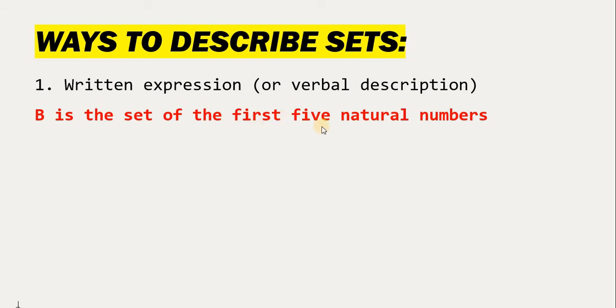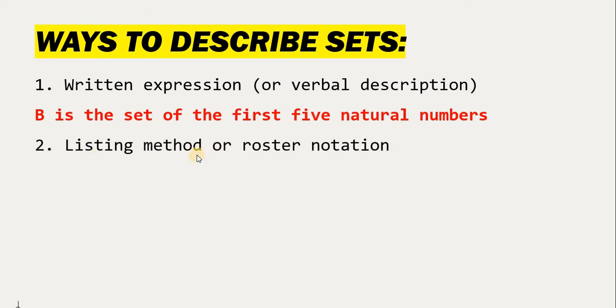Set of the first 5 natural numbers, diba? Kapag sinabi lang natin na B is the set of natural numbers, maraming natural numbers. Actually, infinite siya. Diba? So, kaya dito, nagbigay siya ng specific na group, which is the first 5 natural numbers. So, yan yung example ng written expression or verbal description.